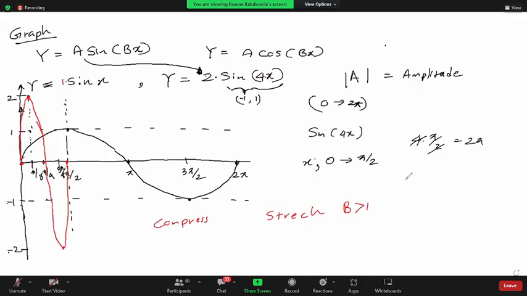Now I'm going to define this. Set b here. So b is equal to 4. A gives us an idea about the amplitude, and b gives us an idea about the period.